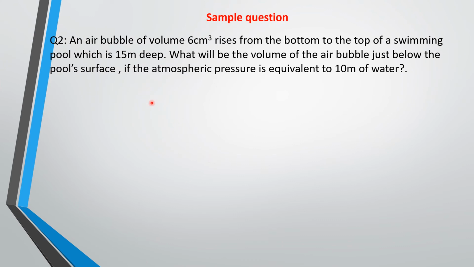This question says that an air bubble of volume 6 centimeters cube rises from the bottom to the top of a swimming pool which is 50 meters deep. What will be the volume of the air bubble just below the pool surface if the atmospheric pressure is equivalent to 10 meters of water?